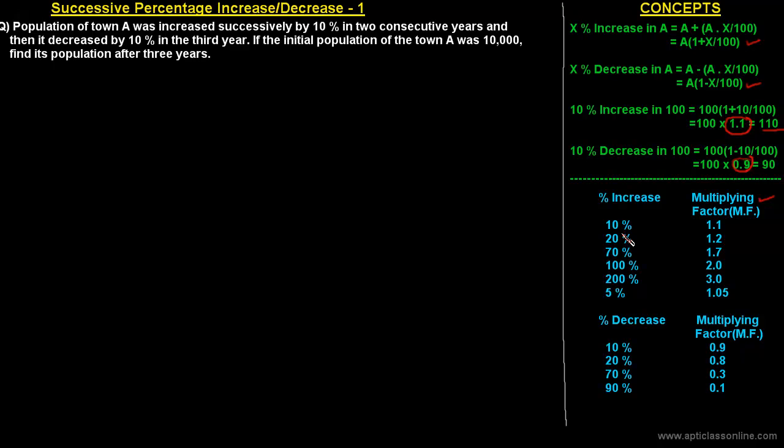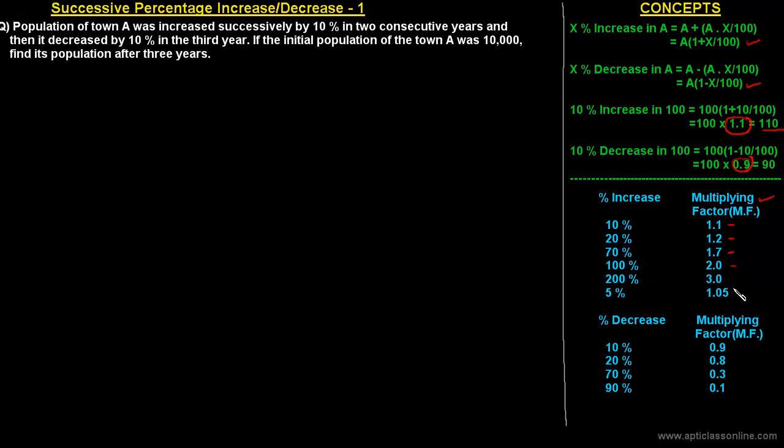We have seen here that for 10% increase, the multiplying factor is 1.1. Similarly, if there is 20% increase, it will become 1 plus 20 by 100, so the multiplying factor will become 1.2. If there is 70% increase, it will become 1.7. If there is 100% increase, then it will become 1 plus 100 by 100, that means 1 plus 1, that is 2.